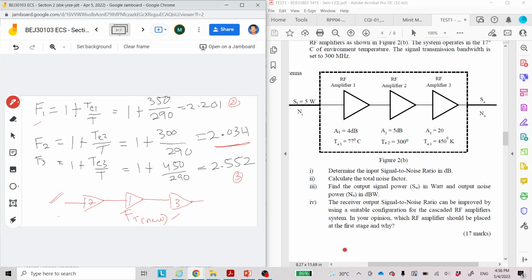So 77 degrees Celsius plus 273, so you get 350. This is to convert from Celsius to Kelvin.